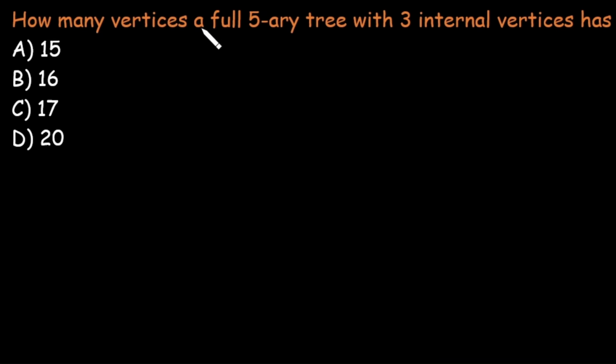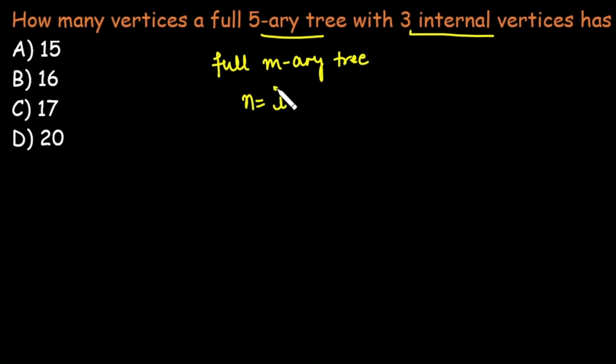Next, how many vertices does a full 5-ary tree with 3 internal vertices have? Remember, there are two important formulas in a full m-ary tree. If we have any full m-ary tree, number of vertices is equal to internal vertices into m plus 1, whereas number of vertices is equal to leaves plus internal vertices.